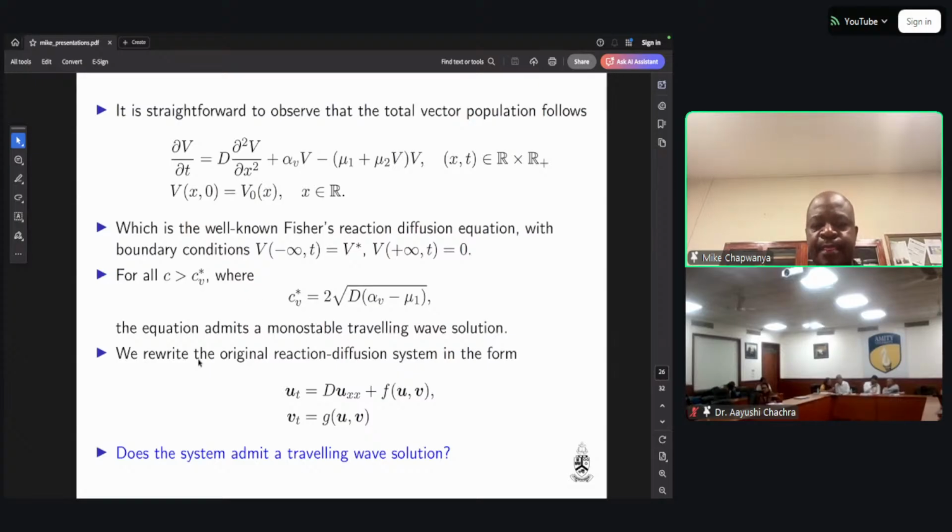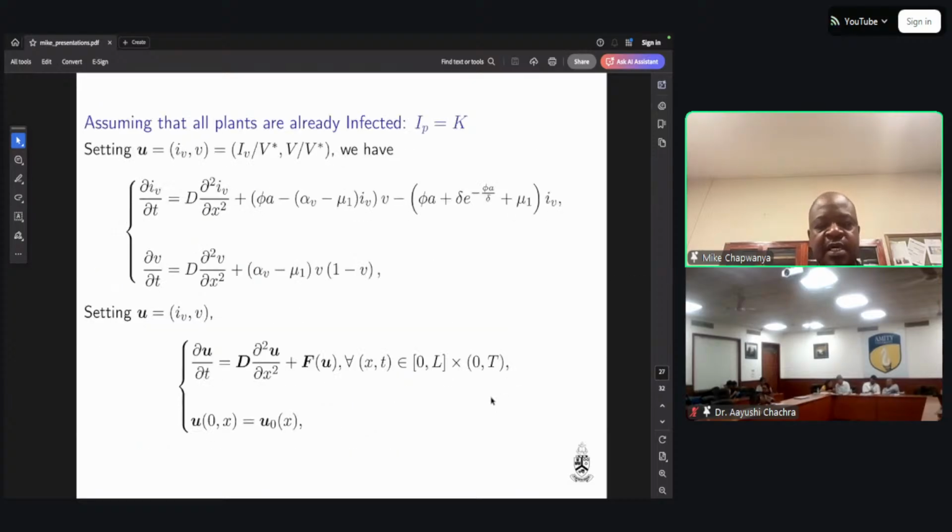So that's actually the question one cannot answer by just summing the two equations. So what we did in this case, we had to go into what I would call submodels. Submodels in the sense that in this case, I assume all plants are infected. Which means K, which was the total plants, is exactly our IP.